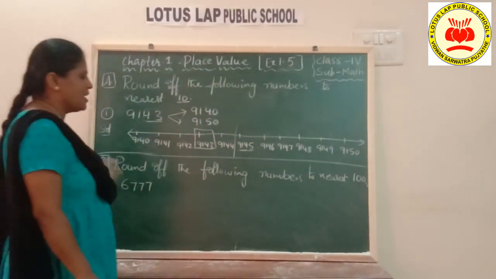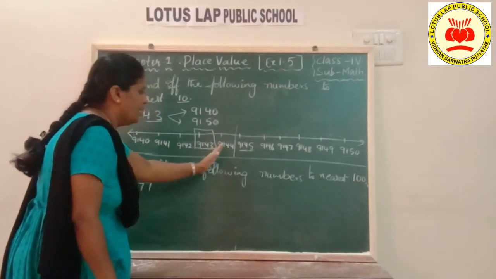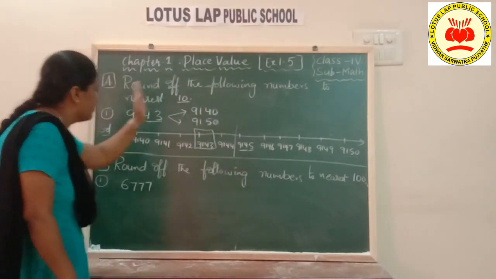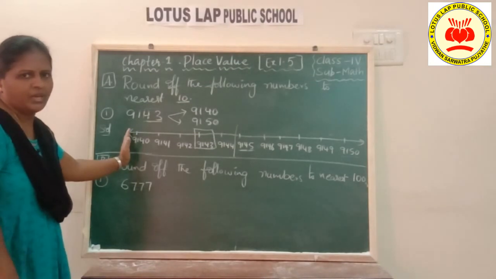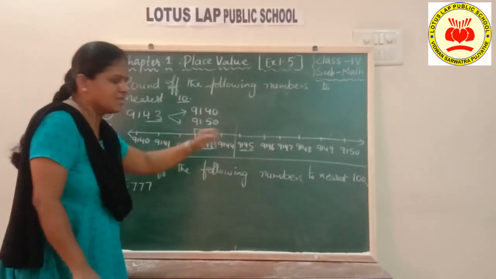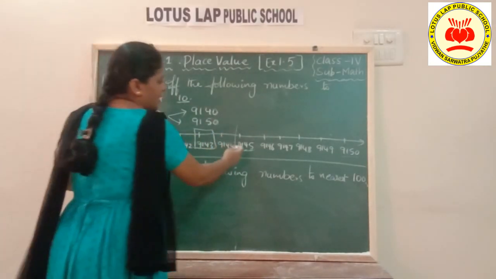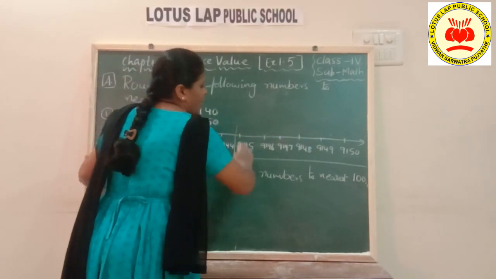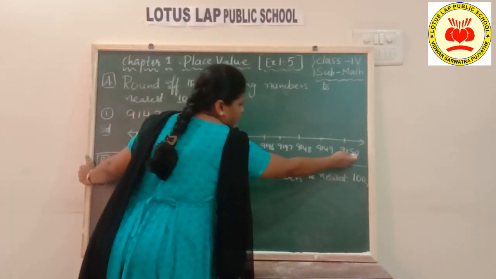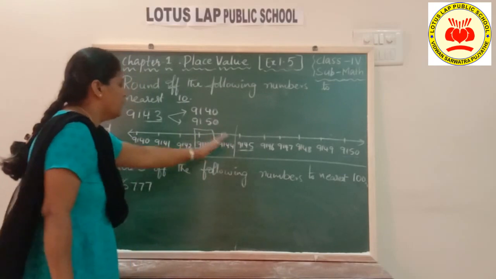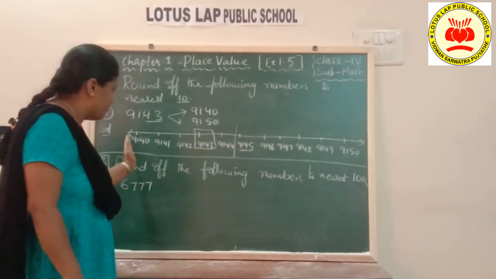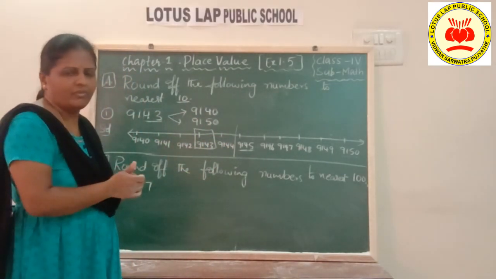And the numbers below this are rounded off to the left extreme. Identify the middle number of the number line. From that middle number, the numbers above are rounded off to the right side, and the numbers below that we round off to the left extreme. This is one way of doing it, children.